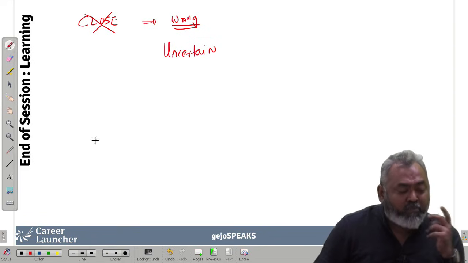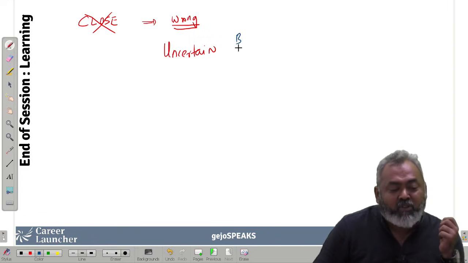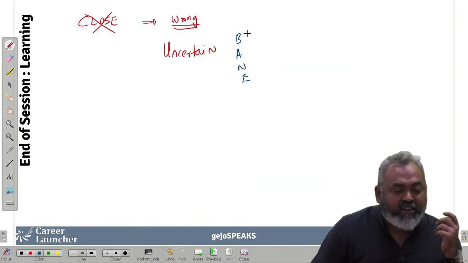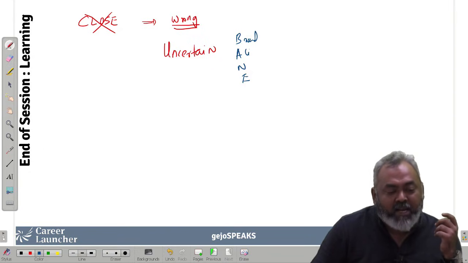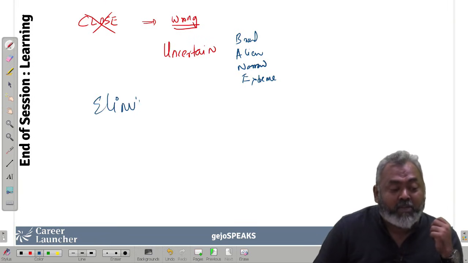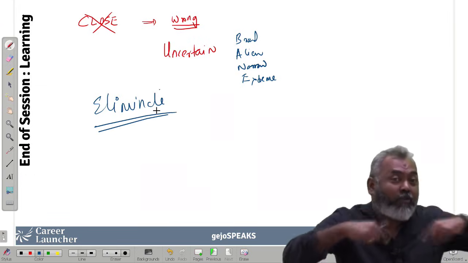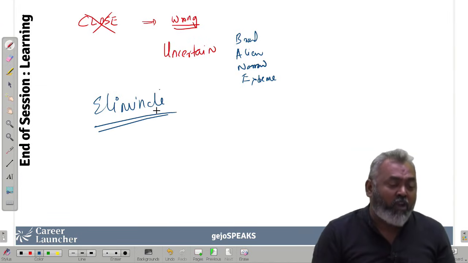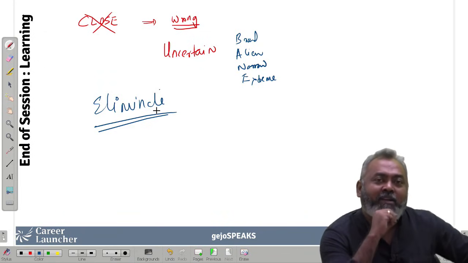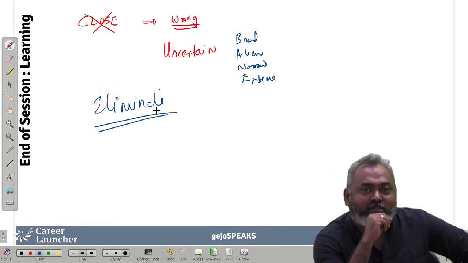And I have given you a certain pointer, the pointer of a Bain strategy, which is to say that an answer choice can be broad, it can be alien, it can be narrow, and it can be extreme. And the third thing that you would do is look to eliminate. As we go and solve more and more questions, you keep using this simple technique to evaluate the answer choices.